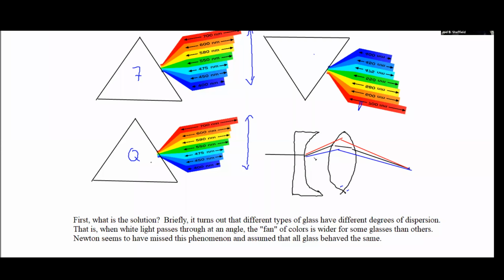Now, the interesting part about this is that the magnification that you get out of a combination of lenses like that, because they're different strengths, because of the way you set it up, will bring all of the light together to a point. And so that point will have the red light and the blue light brought together to the same spot.